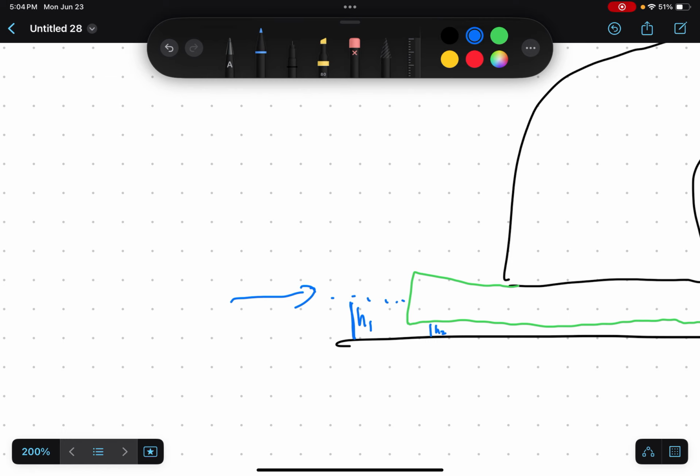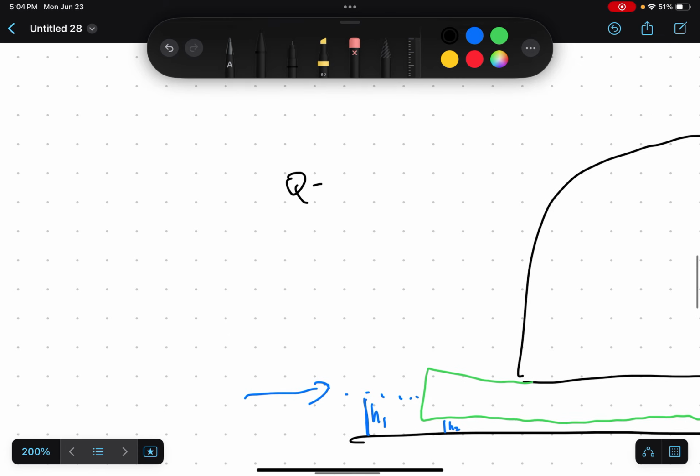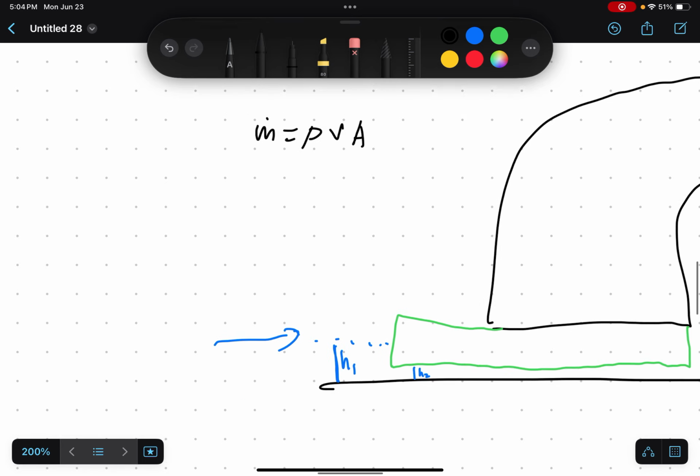And in order to keep the mass flow rate the same, Q equals, I'm going to use m dot, equals density times velocity times cross-sectional area. And h, the height, is directly impacting the cross-sectional area.